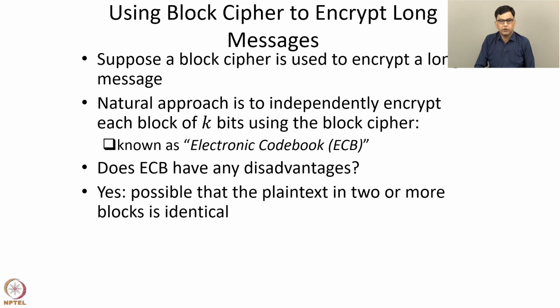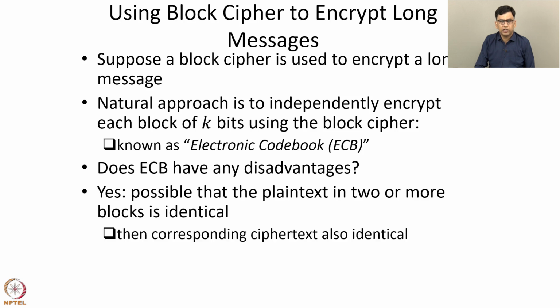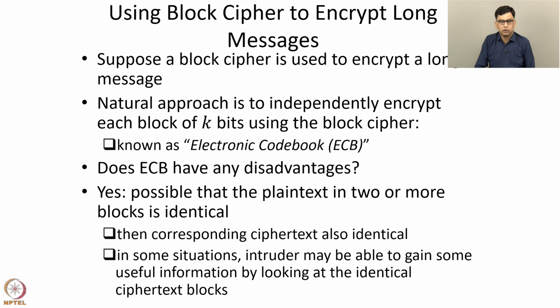In particular, it is possible that the plain text in two or more blocks is identical. In this case, the corresponding ciphertext is also identical in the corresponding blocks. So, in some situations, by observing that the ciphertext is identical in two or more blocks, the intruder may be able to get some useful information.